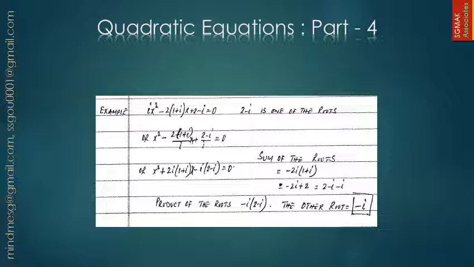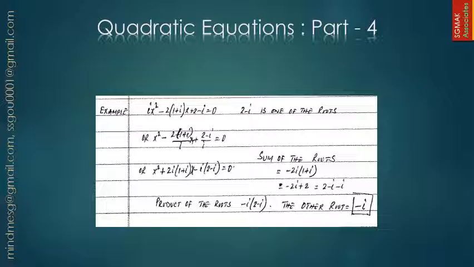and the product is minus I times 2 minus I. So as you can see, the sum of the roots is 2I times 1 plus I, which can be simplified as minus 2I plus 2.